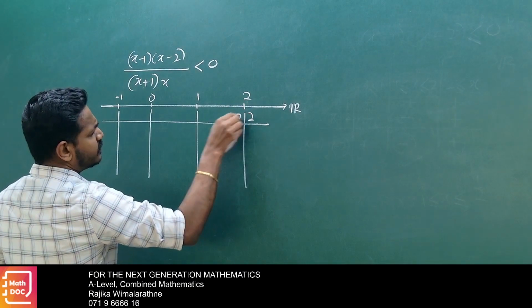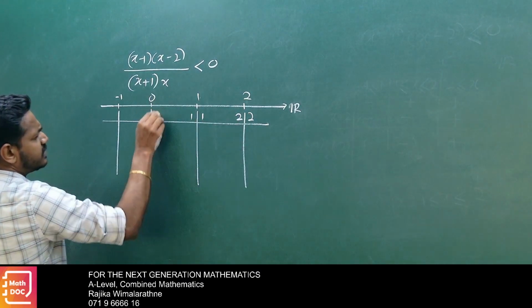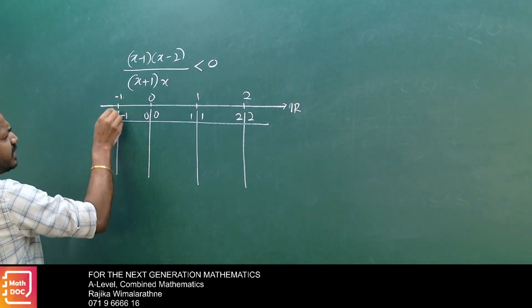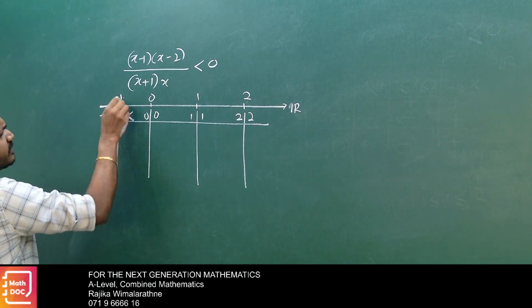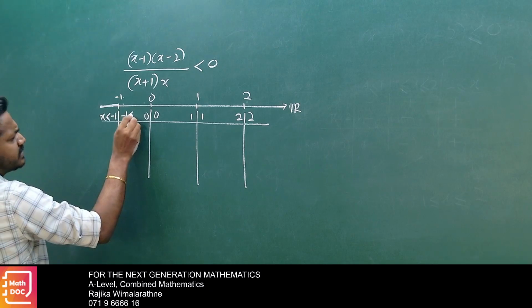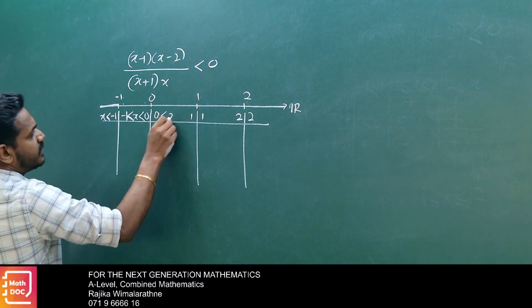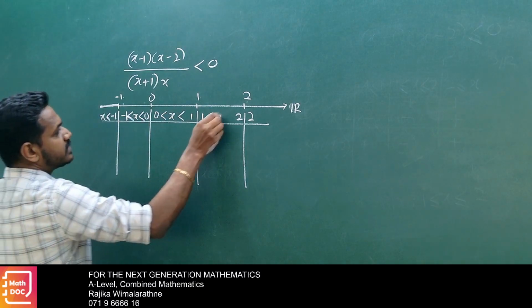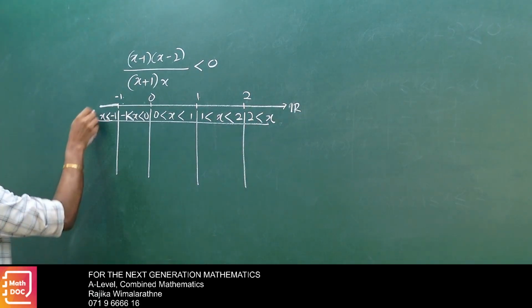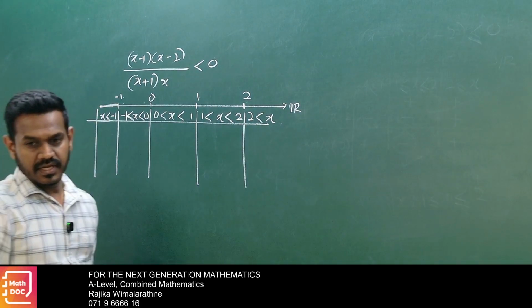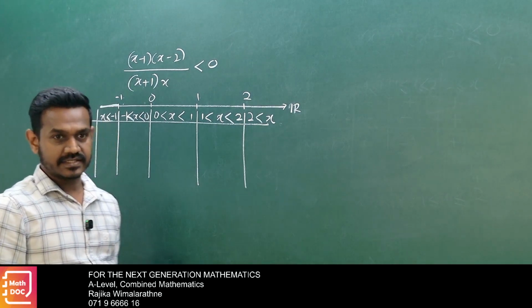Here put 2, 2, 1, 1, 0, 0, minus 1, minus 1. Then value less than minus 1, value in between minus 1 to 0, in between 0 to 1, in between 1 to 2, greater than 2. Now separate each factor.